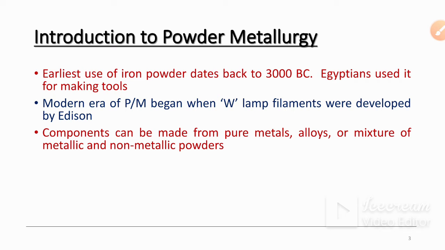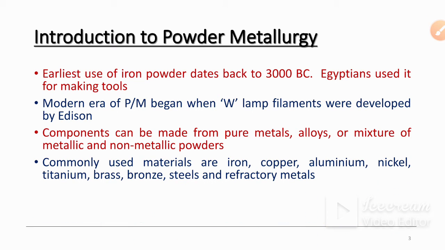You can have metallic powder with non-metallic powder, or all non-metallic, or metal plus non-metal, or any combination to create a product from powder metallurgy. So powder metallurgy doesn't have any restriction. You can create a product of any material using this technique.